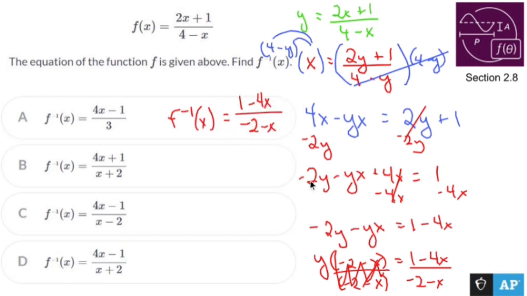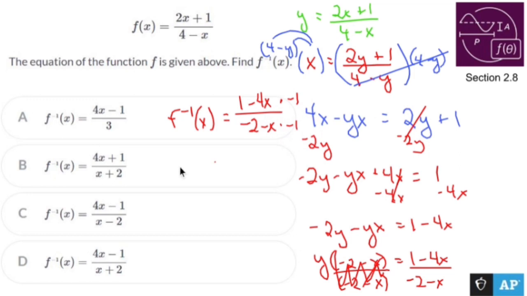Now, here's the issue I think I'm going to run into. That double negative on the bottom, they probably don't want that. And looking at what I have here, you might be saying, I don't see any negative x and negative 2 on the bottom. So let's multiply the top and the bottom by negative 1. I'm allowed to do that.